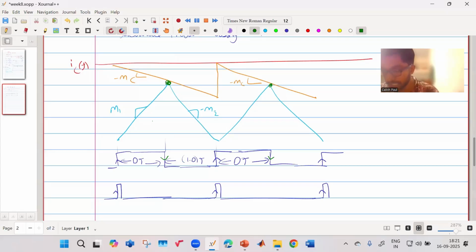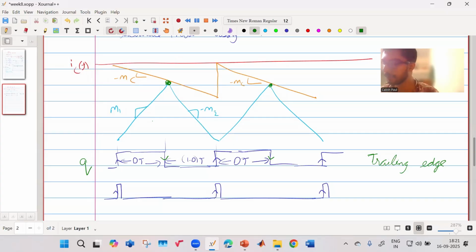So the falling edge of your gate signal Q is being controlled. That's why this is known as trailing edge modulation. The rising edge is fixed, but when it falls depends on your control.